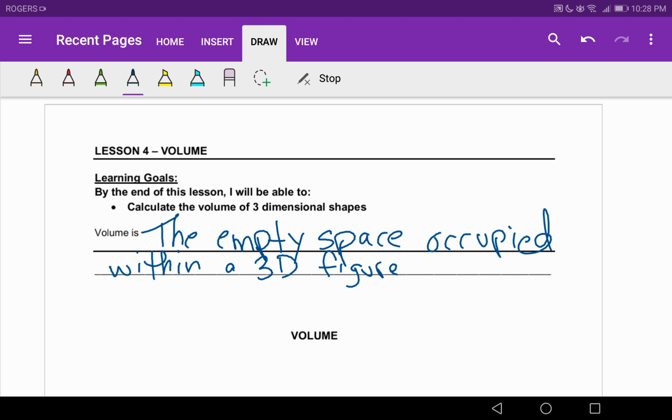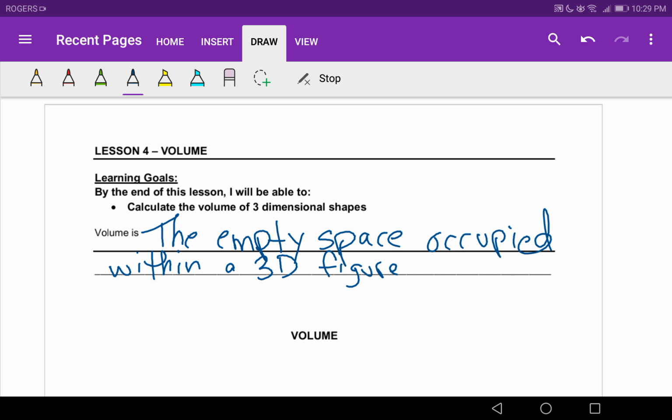All right, and that's different than area. If you can think of the example that I used in the last lesson with respect to area, one of the examples I used was covering, let's say, your backyard with grass. All right, so imagine you have a flat surface. Imagine your backyard is just a rectangular shape, a rectangular flat surface, and you were going to cover that surface with grass.